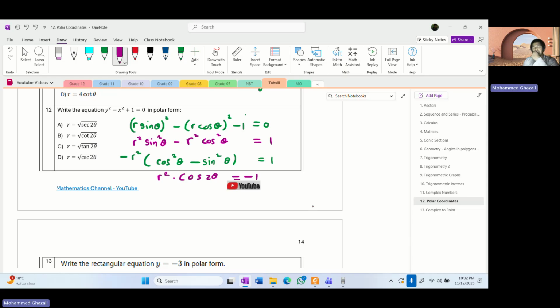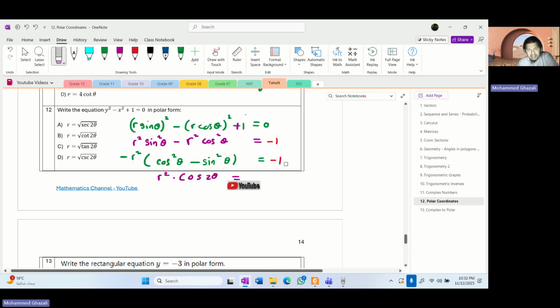I'm still stuck with a negative. Negative 1. Why did we get a negative 1? Oh, this is a plus 1. All right, so that should be a negative 1 on the other side. So there should be a negative 1 on this side. Okay, so if you multiply both sides by negative, then it becomes 1.